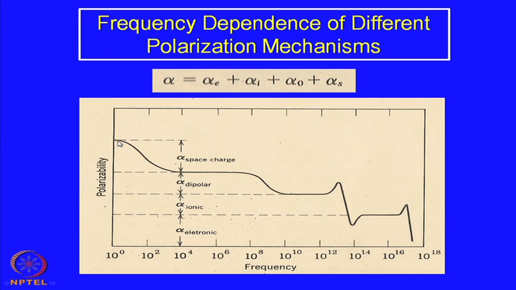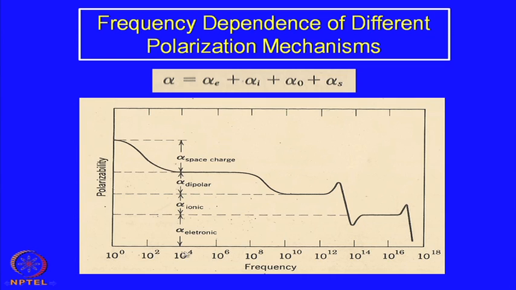So, at this low frequency, all the 4 mechanisms are operative, including the electronic, ionic, dipolar or actually orientation polarization and the space charge polarization. So, if the frequency is very low, all the 4 are operative. So, the dielectric constant as well as the polarization is much larger.